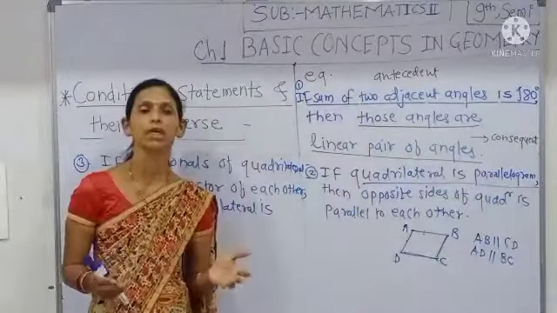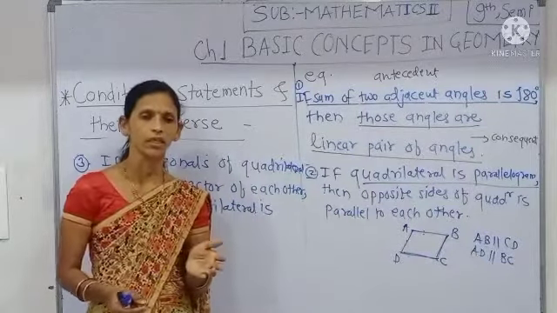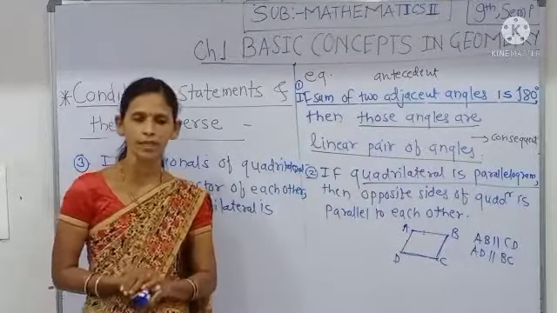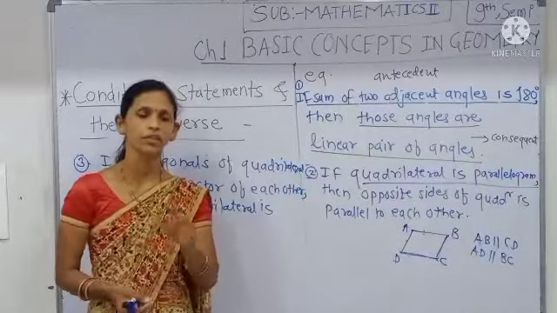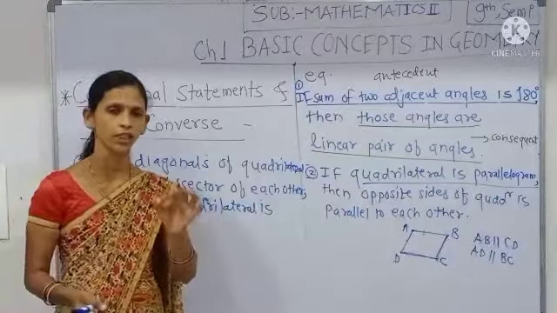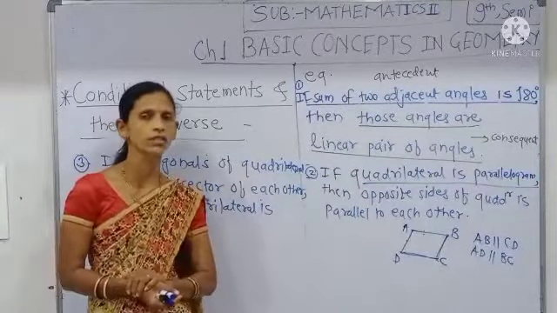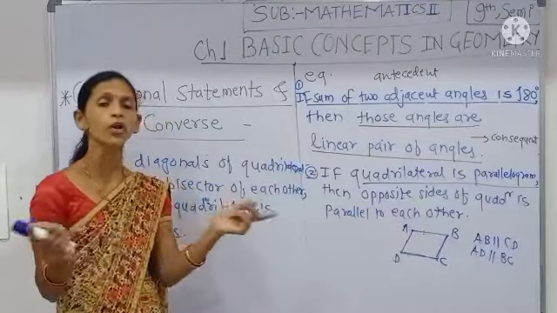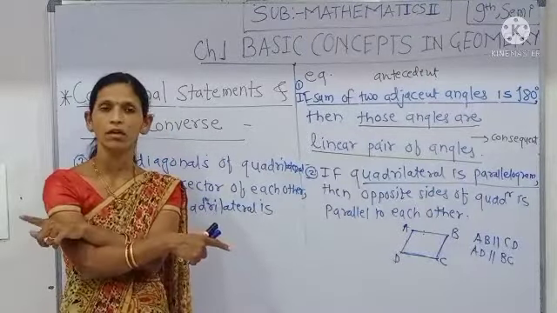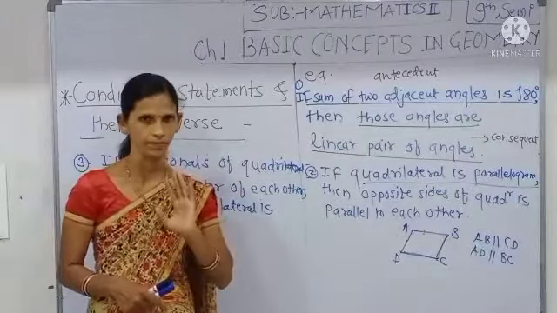If the antecedent and consequent of a given conditional statement are interchanged, then the resultant statement is called the converse of that given conditional statement. That means we have to interchange the antecedent and consequent of the given property.